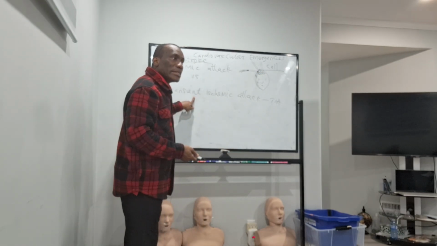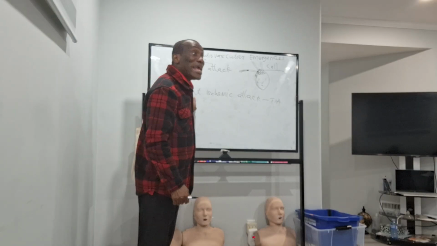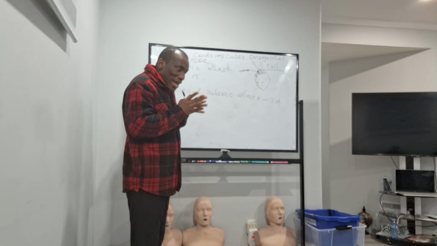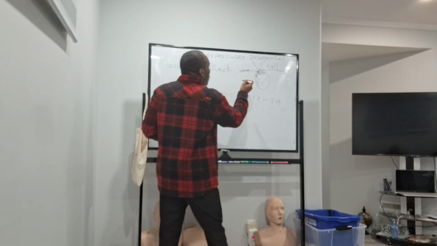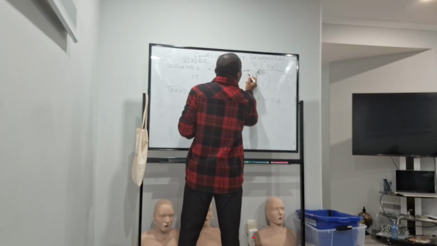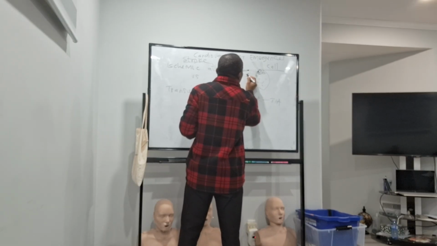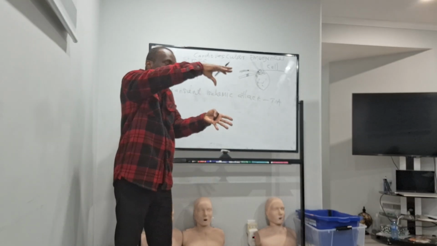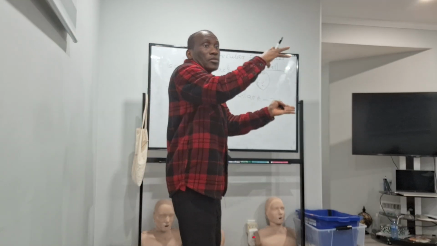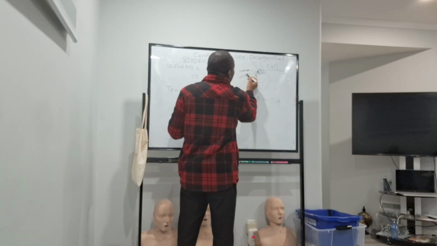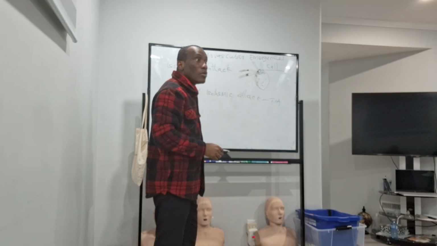This TIA, transient, is similar to angina. Remember, angina is narrowing of the space. The same way, if this is the artery to this area, and over time it begins to harden because of deposition of oil, fat, and it keeps on increasing, blood is managing to pass because this area is so narrow.